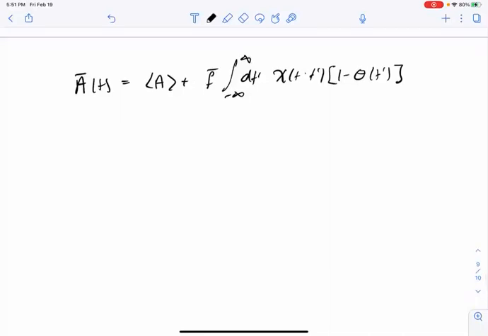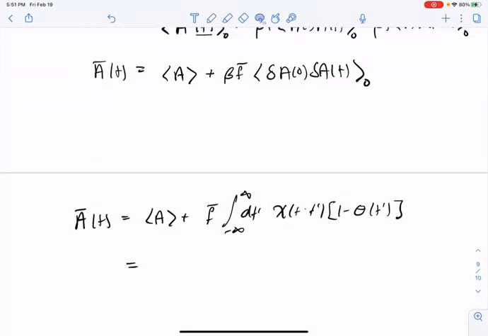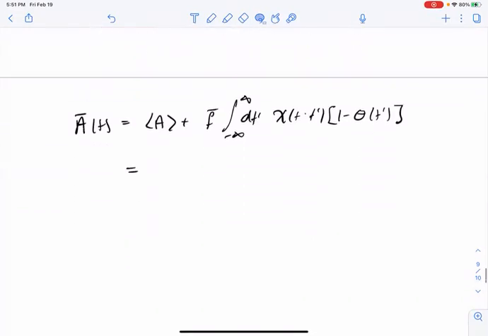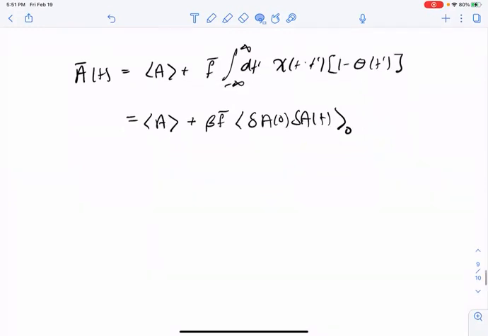Now, if I take the time derivative, saying that this is equal to what we found up here, the averages of A in the absence of the force cancel.